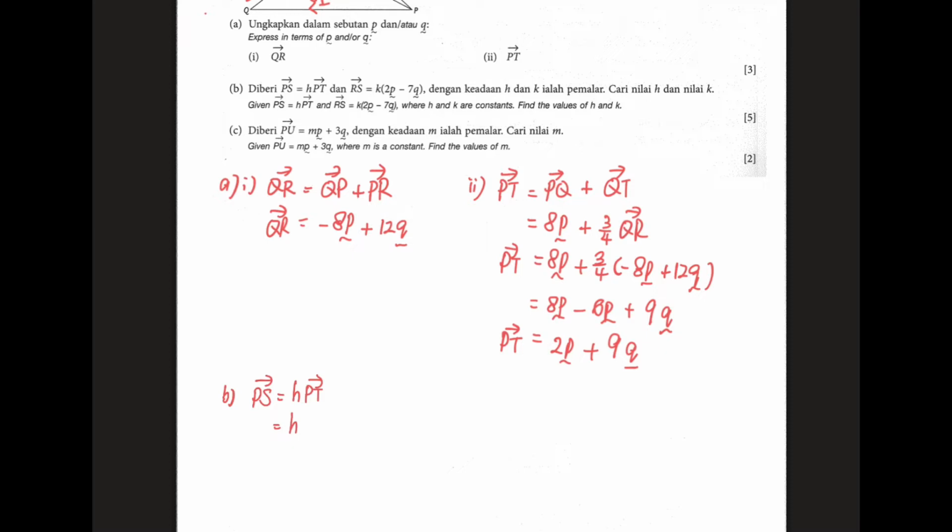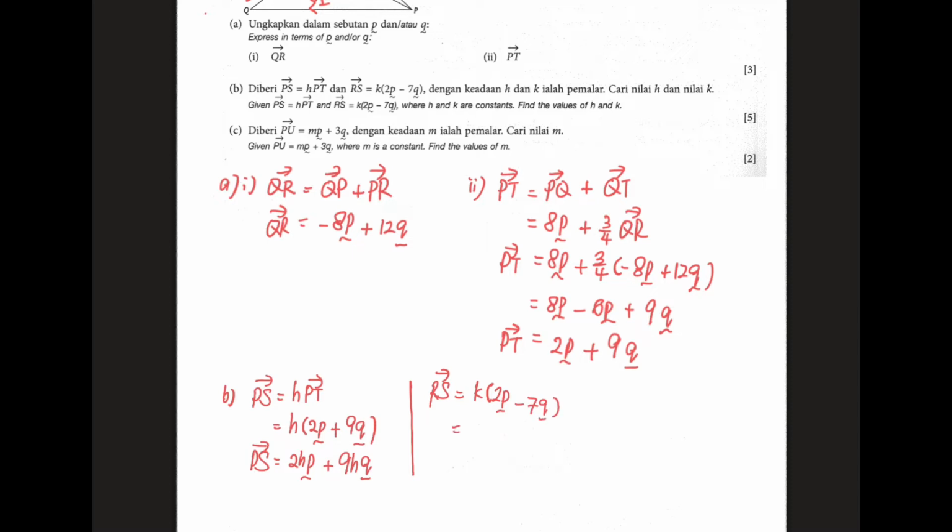So the PT is 2P plus 9Q, so we get 2HP plus 9HQ. So this is PS. Okay. So the second information given is RS. So RS is K(2P minus 7Q).